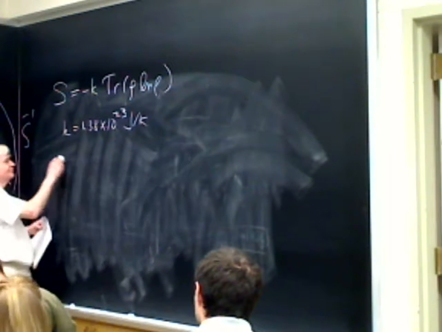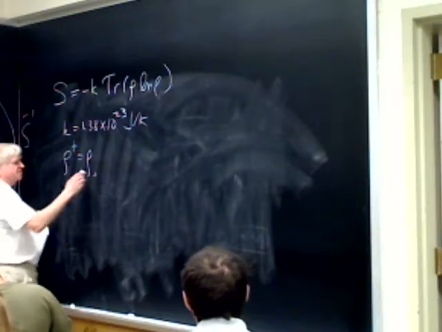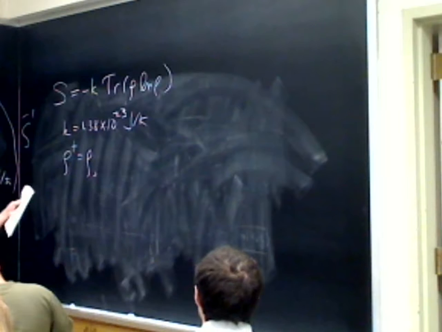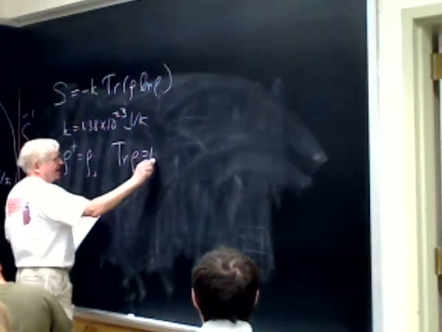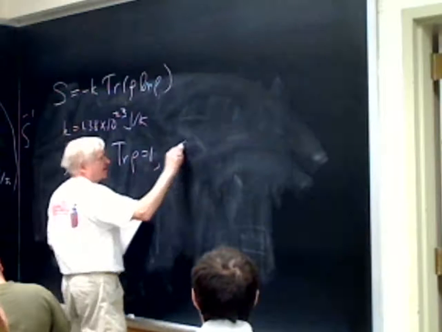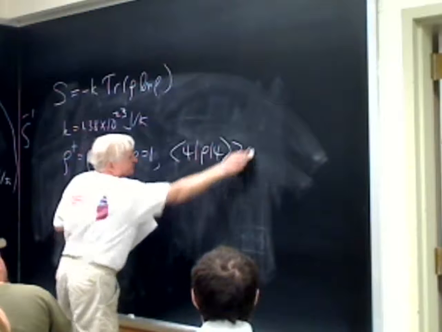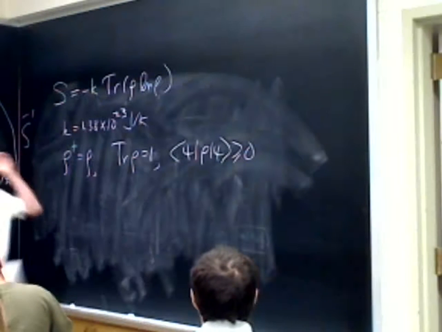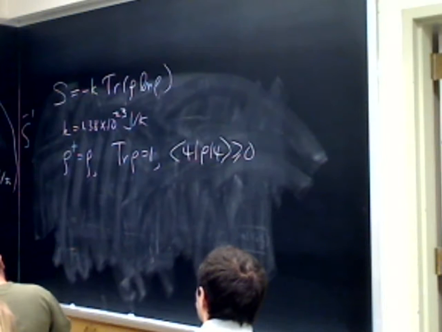Anyway, rho is Hermitian. All density operators are Hermitian. They have unit trace, and they're positive in this sense: the mean value of the density operator in any state psi is a non-negative number.